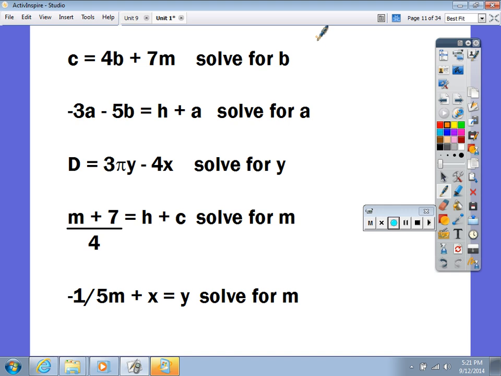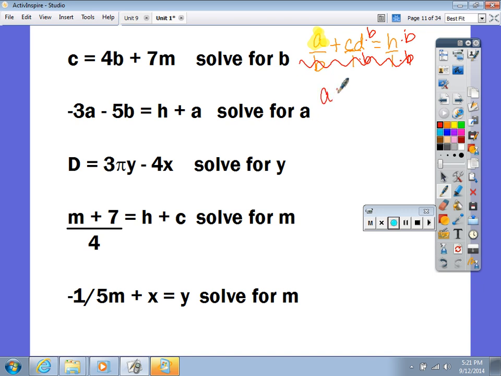But let's say I had A over B plus CD equals H. And let's say I want to solve for A. Just do your fraction rules again. Alright, this is all over 1. This is over 1. What's the common denominator? B. So multiply each piece by B. That's going to cancel.